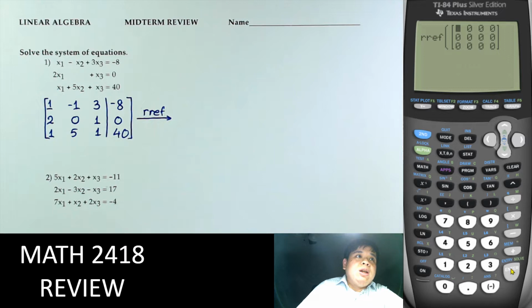Notice that we do not hit enter until we're done. Always use the arrows to navigate the matrix, and don't use enter. Also, this is the subtract sign between two numbers, and we use the negative sign if it is in front of a number.